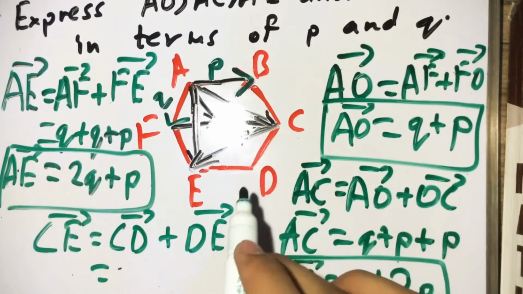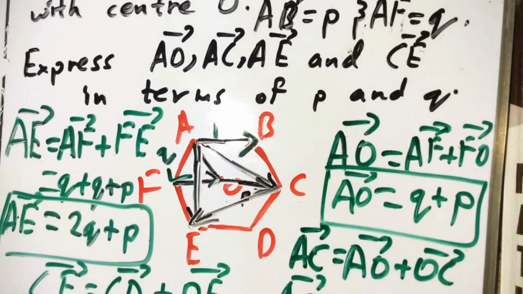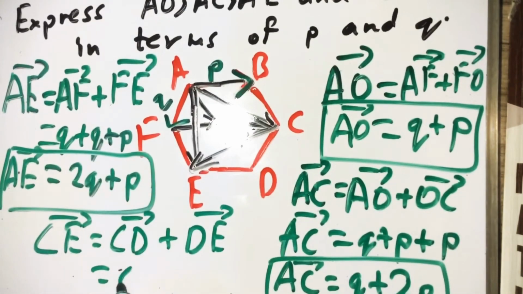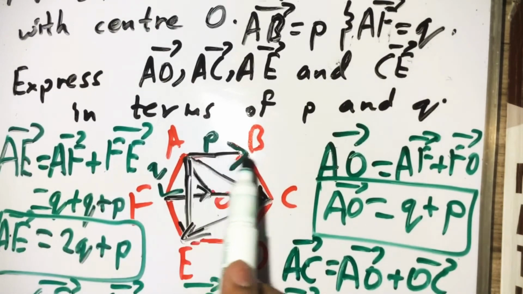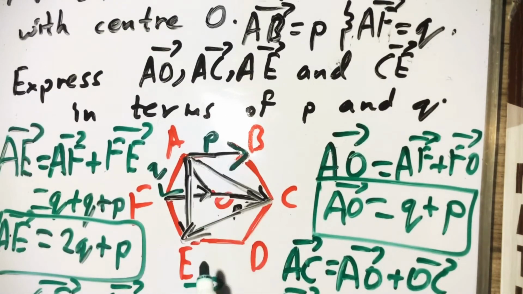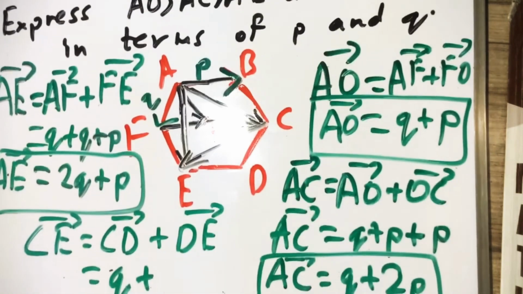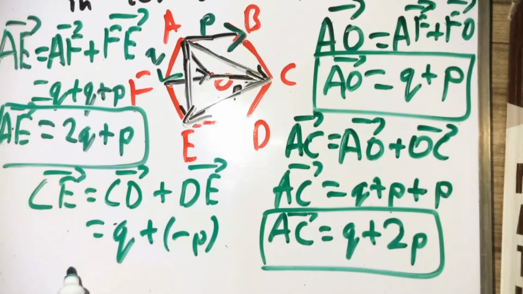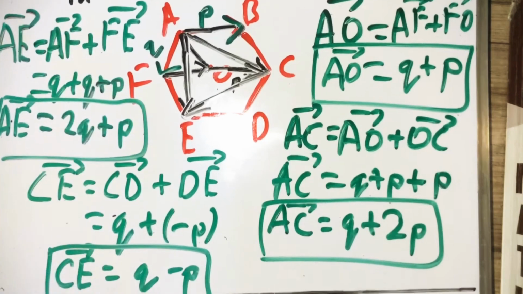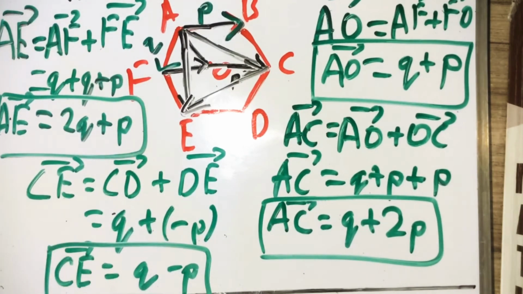Now CD is equal to AF, so CD is Q, and DE is the reverse of AB, so DE is minus P, so CE is equal to Q minus P. So that is the question.